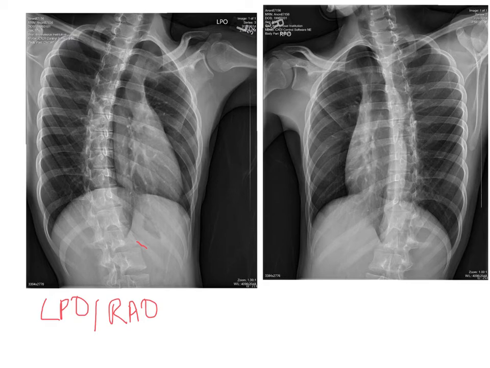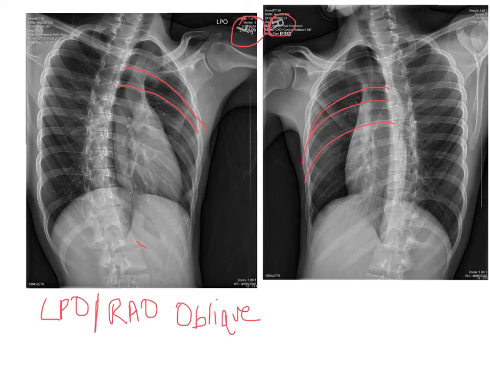So on the test, if we are looking at left side, we have left side elongated ribs as marked by our anatomical marker, you could write LPO/RAO oblique above diaphragm ribs. That would be the answer to that test question. This case, we have right-sided elongated ribs.